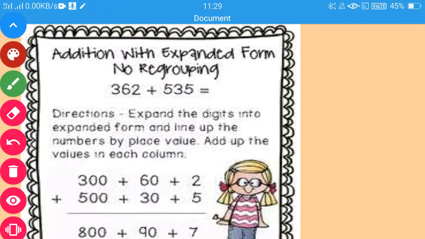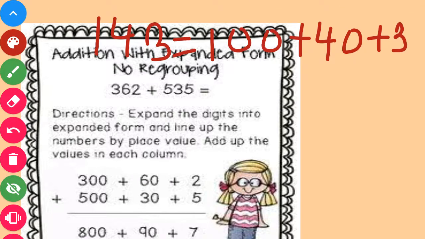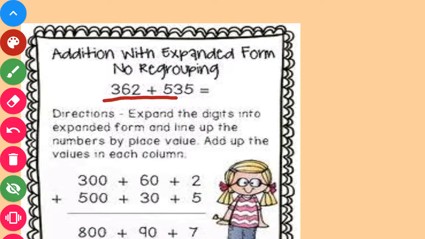Okay. So addition with expanded form. Here we have to add two numbers, 362 and 535. So first of all we will expand each of the numbers.